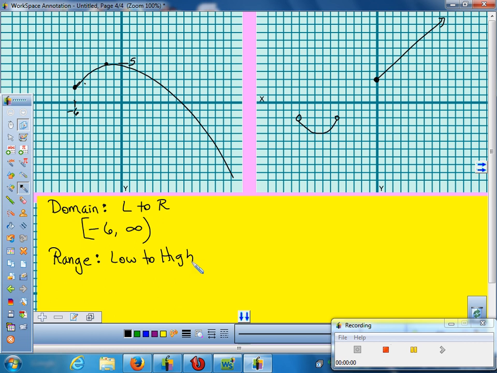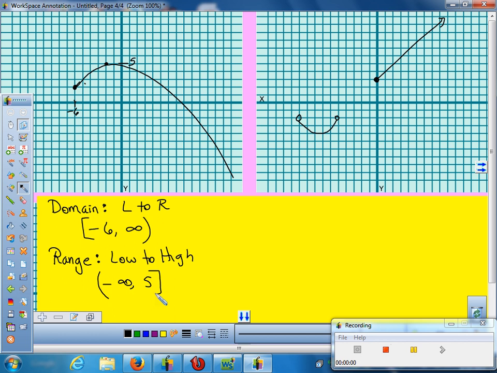It's going down forever, so the lowest point can be -infinity. How high does it go? And it's not the highest point on the y-axis, it's the highest point the graph ever makes it to, which is supposed to be up there at 5. And once again, I would have parentheses on infinity, brackets on the 5.